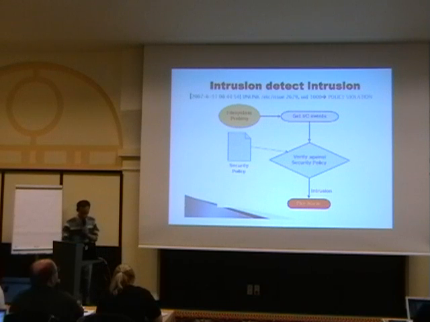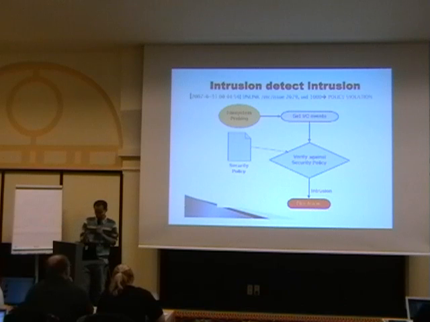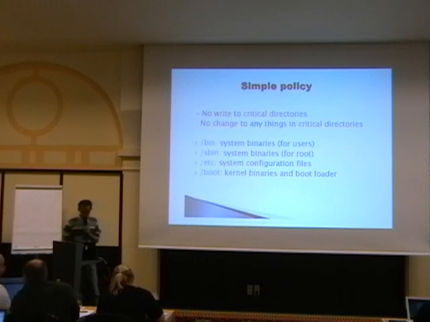So here's how it works. Here's the scheme. I probe the file system activities of the virtual machine, and I collect information. And after that, I verify against the policy. And if I see something not allowed in the policy, I fire the intrusion alarm. That means somebody tried to break in to my virtual machine.